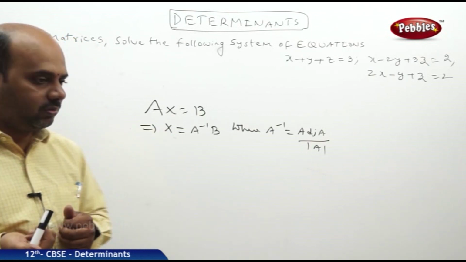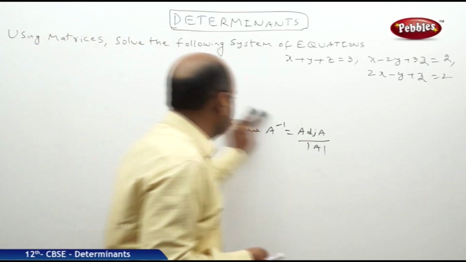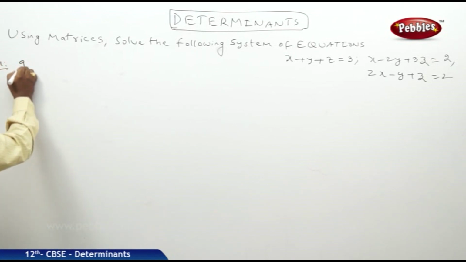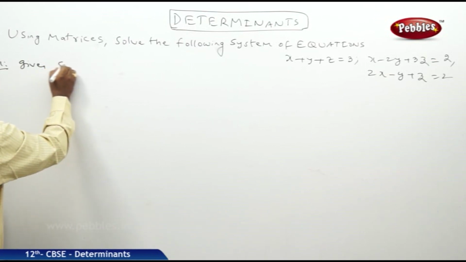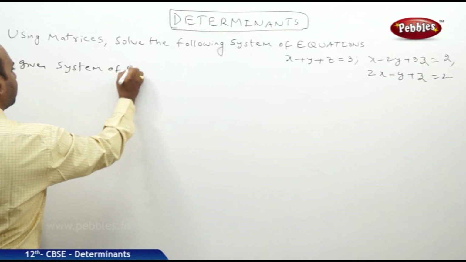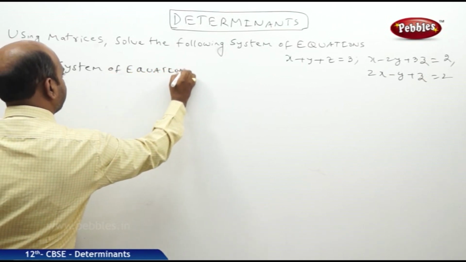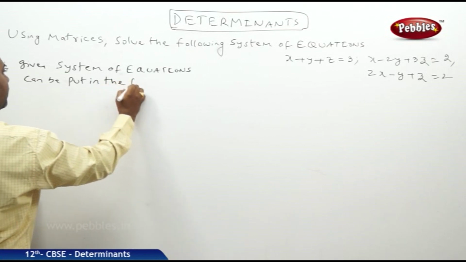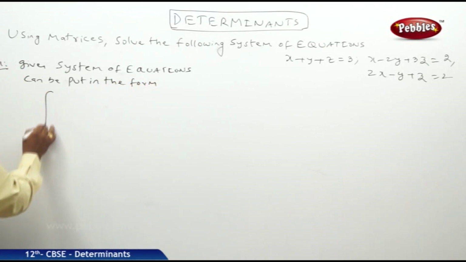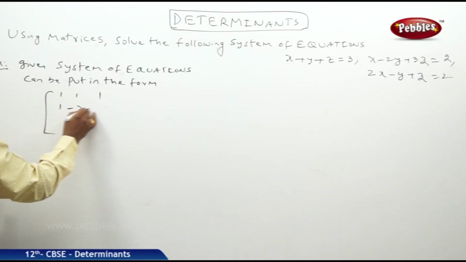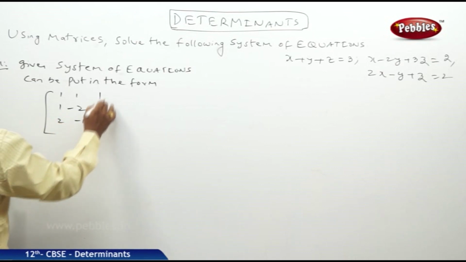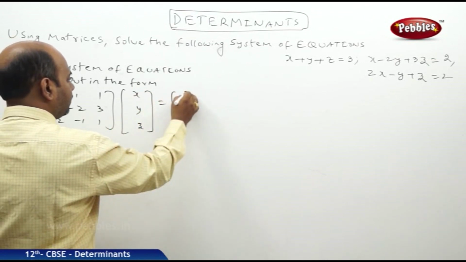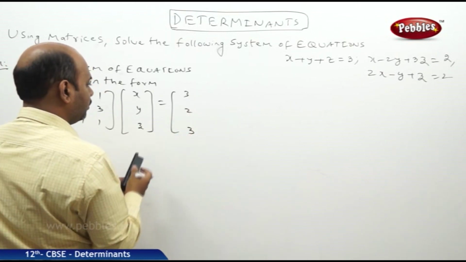So we shall start doing this problem. The given system of equations can be put in the form: 1 1 1, 1 minus 2 3, 2 minus 1 1, into x y z, is equal to 3 2 2.